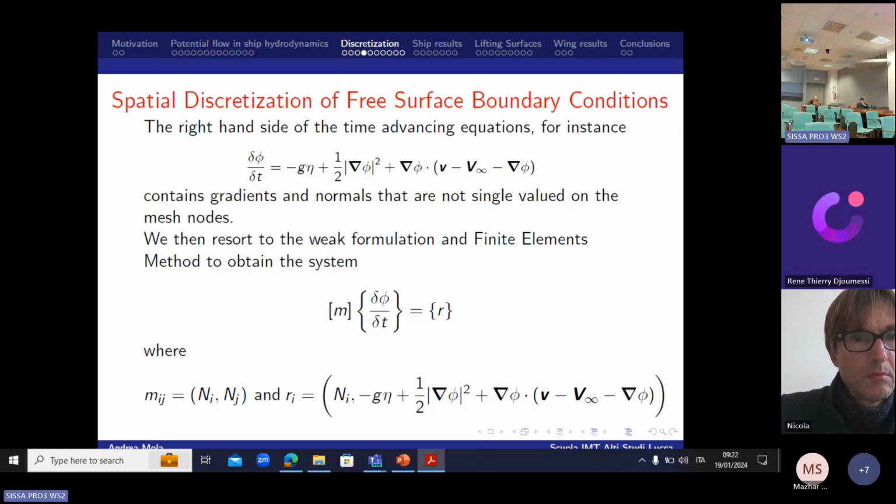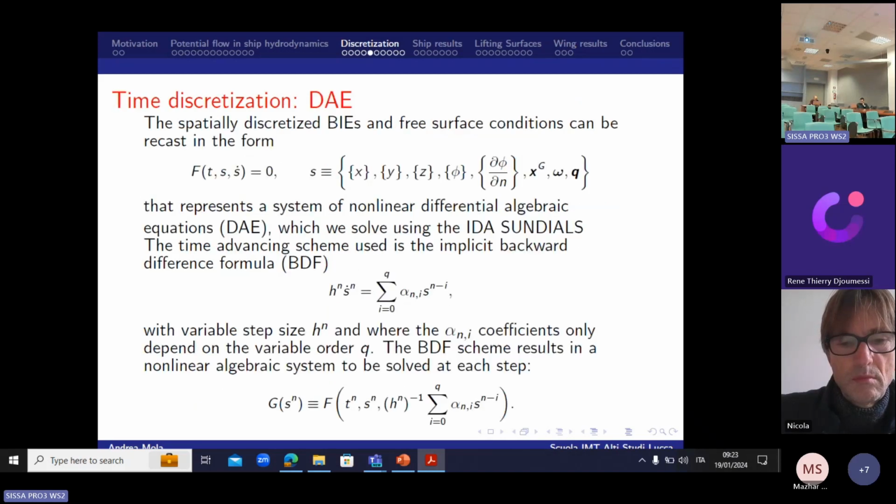We have obtained it by writing the weak form of the equation that you see on the top and discretizing it with finite elements. So we obtain a sparse system that is very fast to solve compared with the dimension of the boundary element method system. And so we obtain this form, which is particularly convenient.